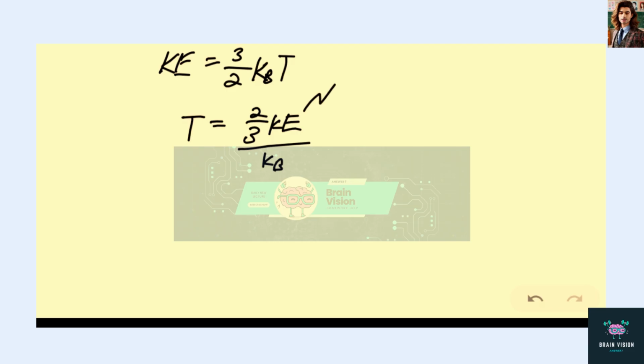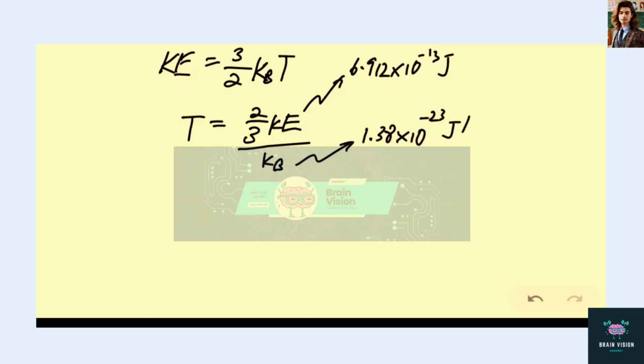The kinetic energy we have already calculated previously, 6.912 times 10 to the power of minus 13 joules. Substituting the values in, we should get a value of 3.3 times 10 to the power of 10 kelvins. So this is the temperature related to the energy of our carbon nuclei, and this tells us this is the temperature required for the fusion reaction to actually proceed.